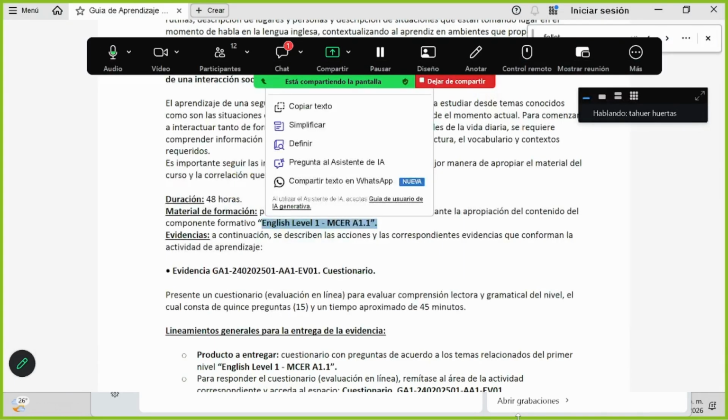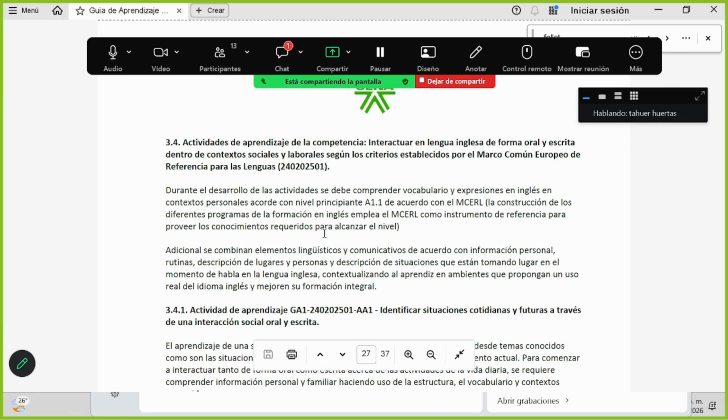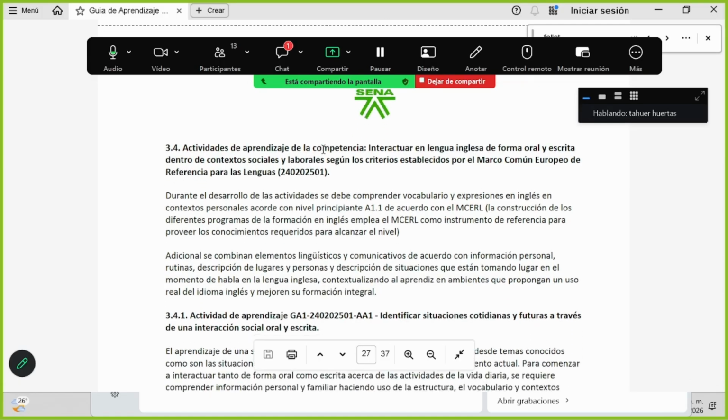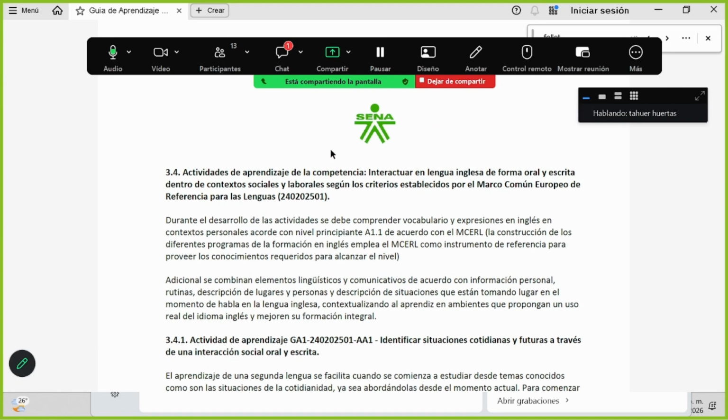It's on the learning guide. Let me see. But it's an acronym in Spanish. This is the short form for Marco Común Europeo de Referencia para las Lenguas.